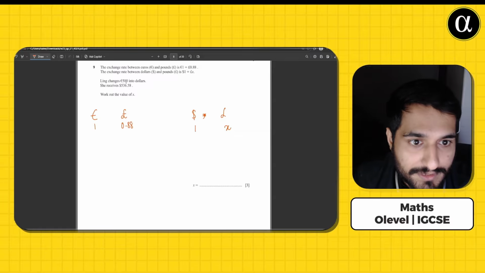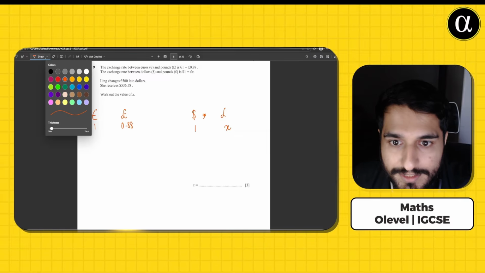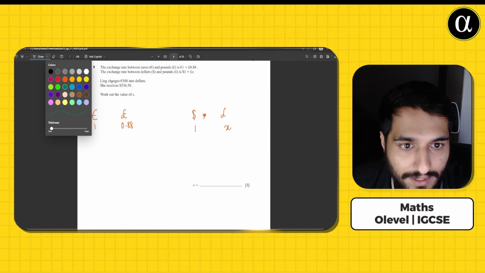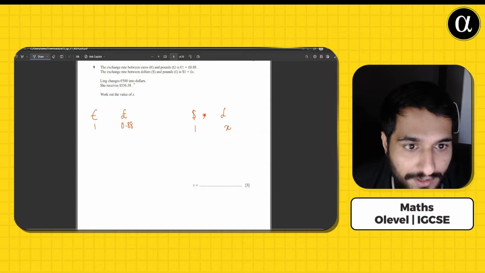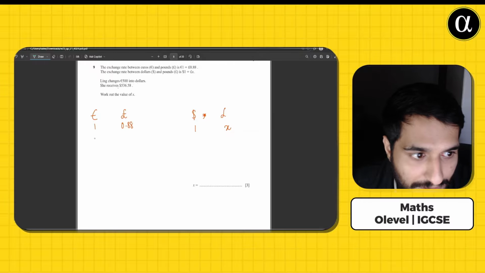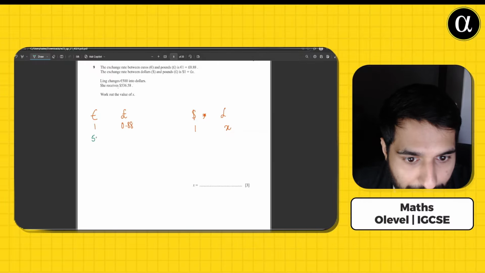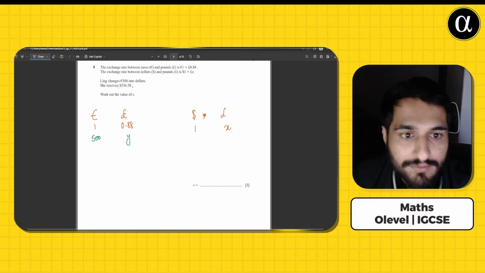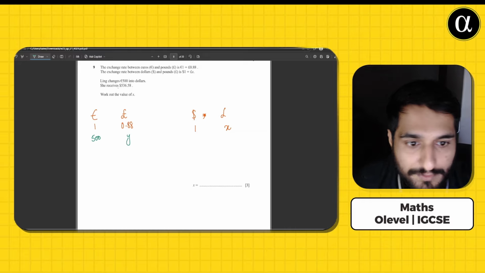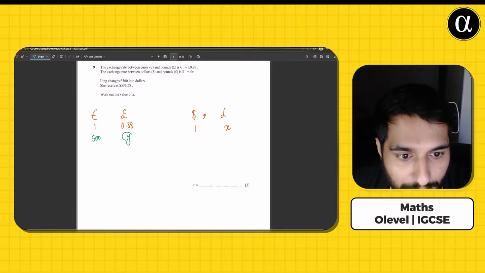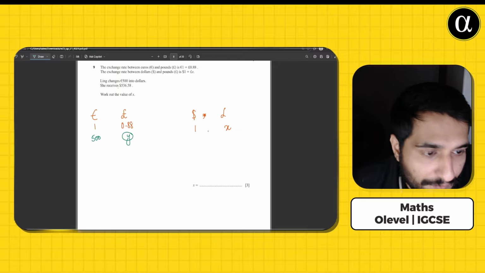So she changes 500 euros into an unknown amount, and then she receives 536.58.